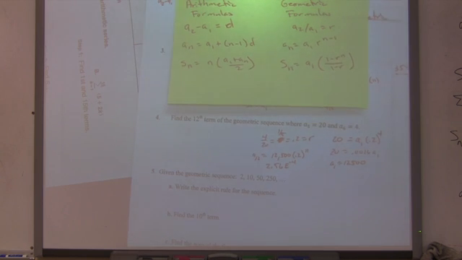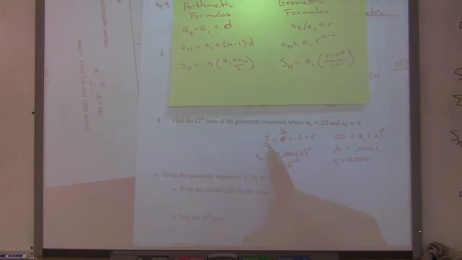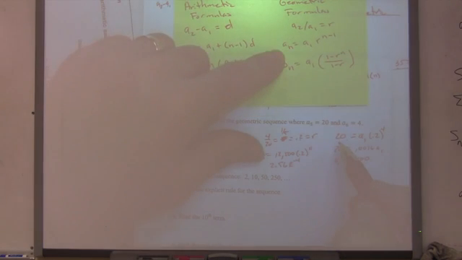So again, we did 4 divided by 20 at 1/5 or 0.2. We then plug that into the formula for a sub n. 20 equals a sub 1 times 0.2 to the fourth. We took 0.2 to the fourth and got 0.0016. And then 20 divided by that gave me the 12,500.